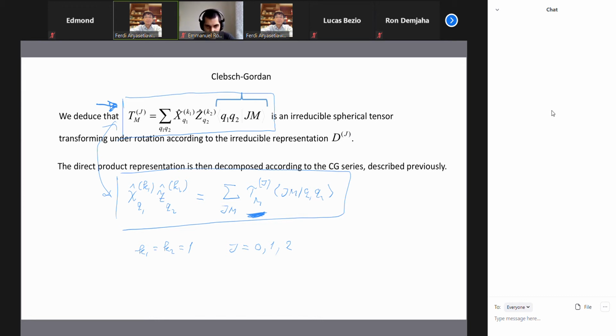So the only thing we have to worry about is that in the case of the dyadic, we simply multiply two vector operators in the Cartesian representation. So they have x, y, and z. But in the spherical tensor, you want to form this type of component instead.